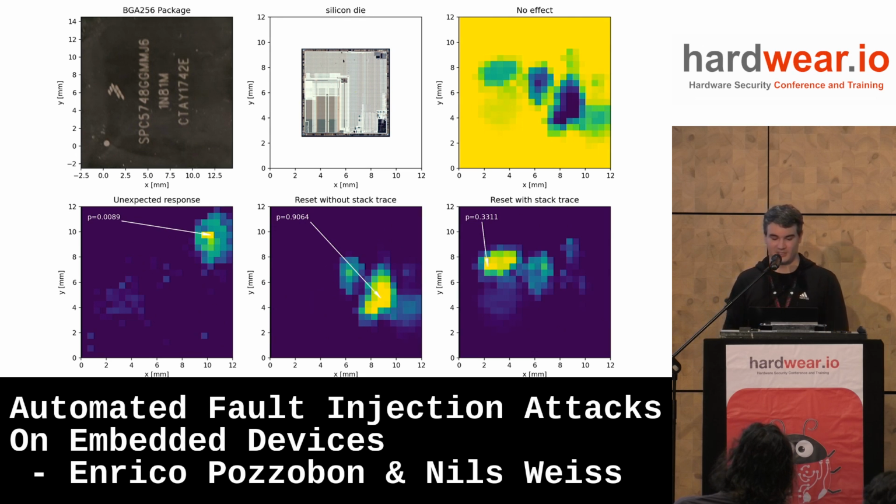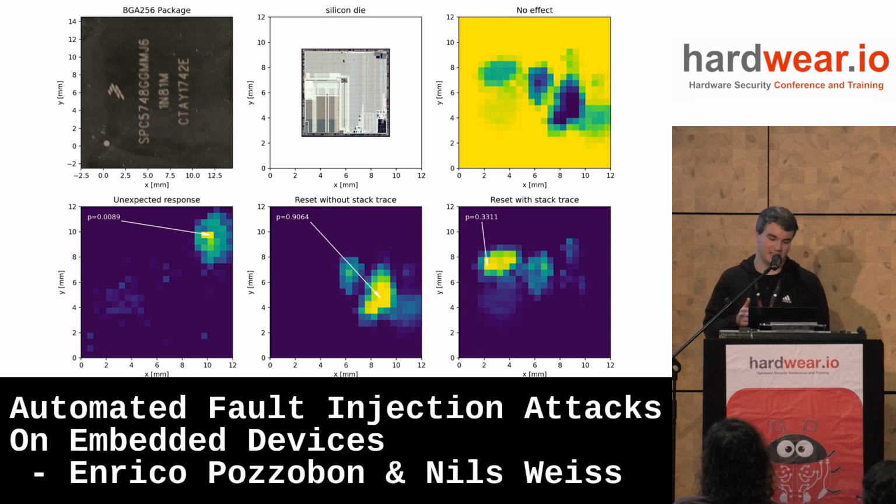So in the top right, you can see that most of the surface is yellow for the no effect plot, meaning that if we hit those areas with a high probability, nothing happens. So we don't have any unexpected behavior. The processor responds normally. Now, in the bottom left, we have an area that has quite a high probability, let's say 1%, that when you hit there, with every other parameter uniformly distributed, you cause an unexpected CAN response.